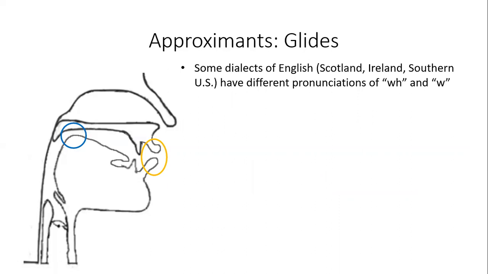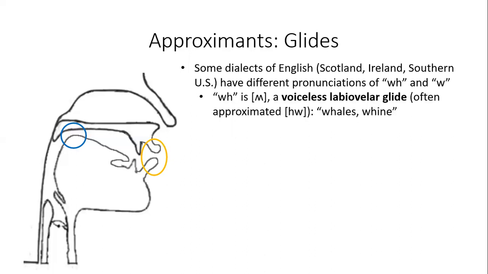So one last thing I want to say about this sound is you might know some people either from Scotland or Ireland or the southern or western US who have different pronunciations depending if it's written with a WH or just a W. So WH for those people is a voiceless labiovelar glide.